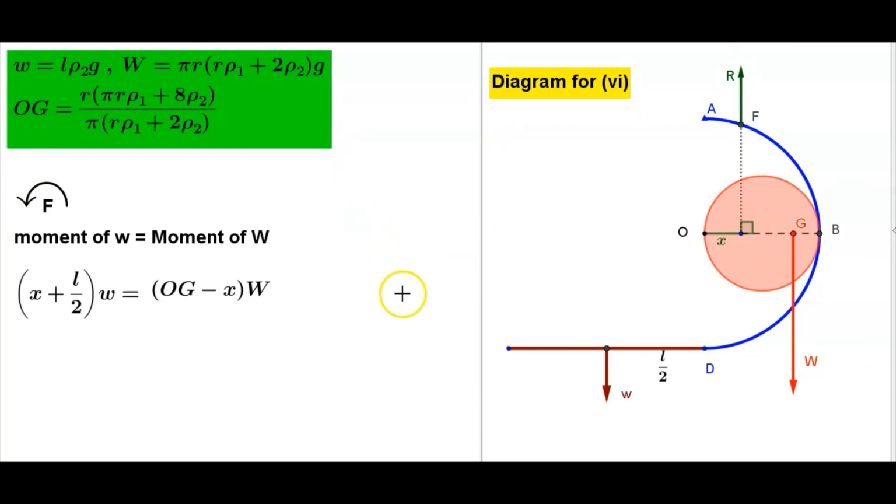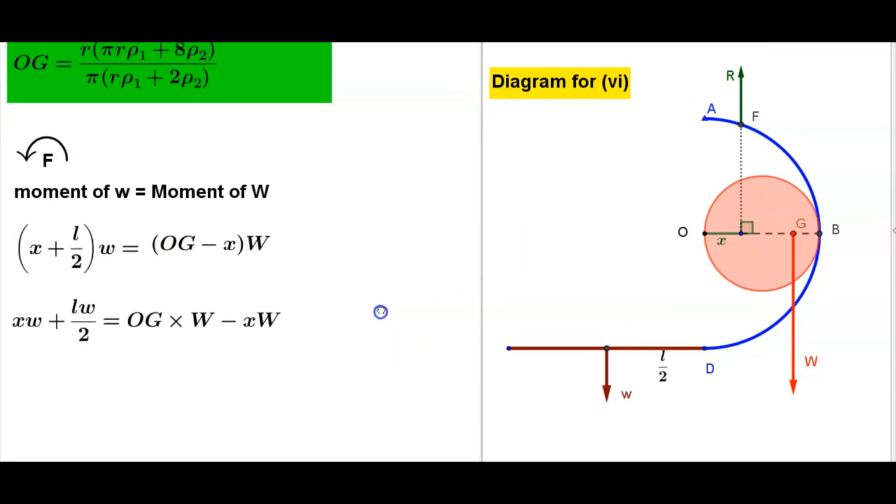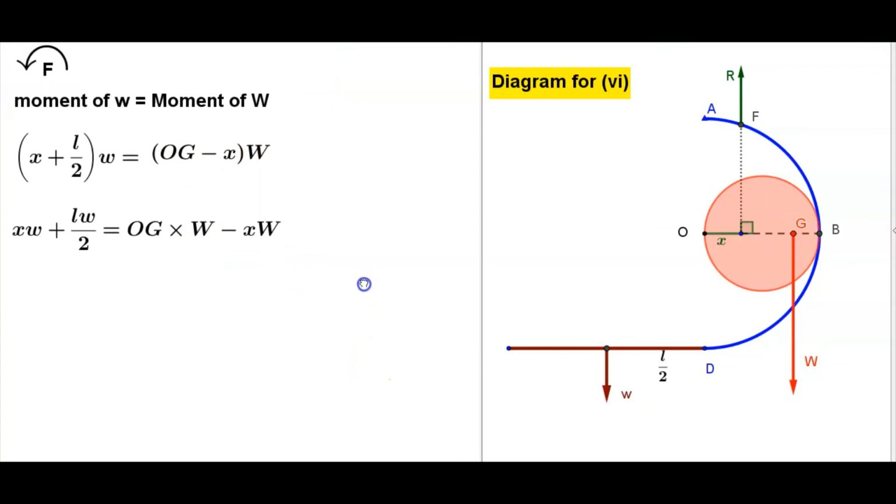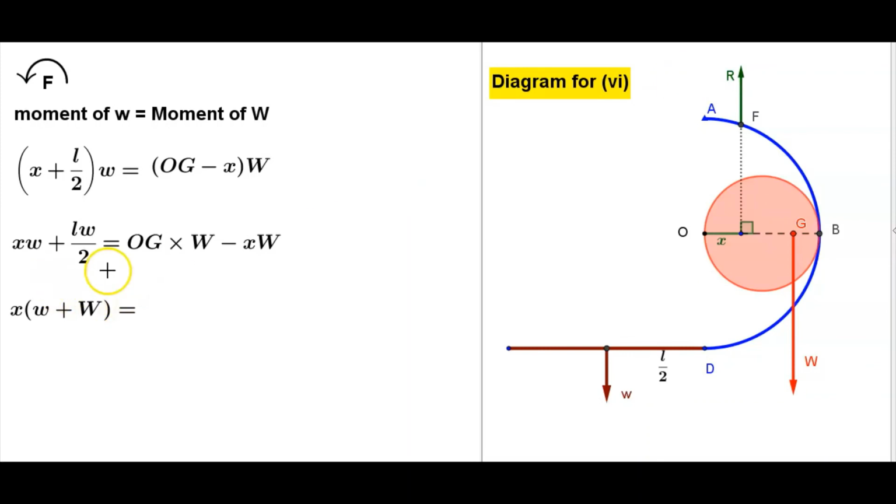So when we substitute the values for small w, capital W and OG, we can find this value x. Substitute and simplify. Okay. When expanding this bracket, xw plus lw by 2 is equal to OG into W minus xw. Taking this term to the left hand side, x into small w plus capital W is equal to OG into W minus LW by 2.